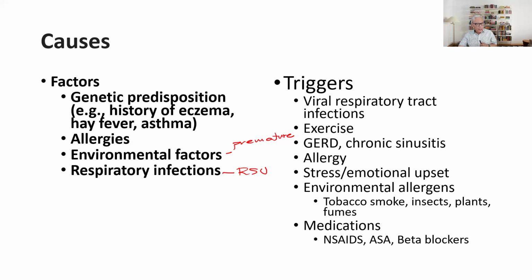Of course, allergies, as well as emotional upset, and then environmental allergens, which are not only limited to tobacco smoke, but could also include insects as well as plants and other fumes other than what comes out of a cigarette. And lastly, certain medications can trigger the development of asthma, in particular, nonsteroidal anti-inflammatory drugs.